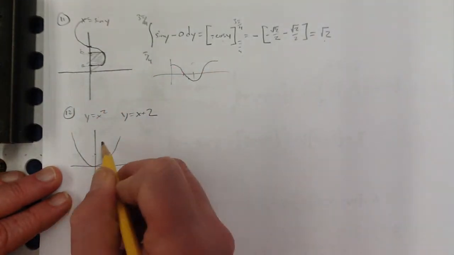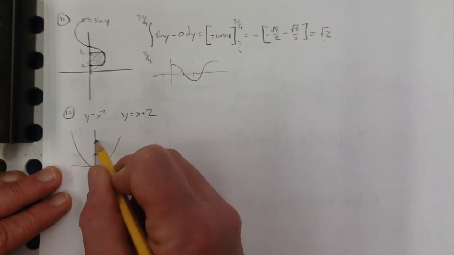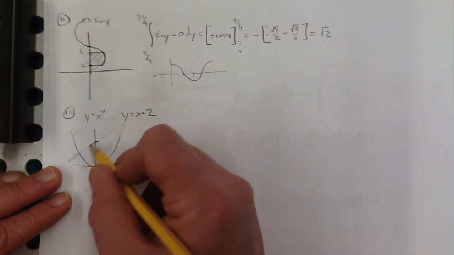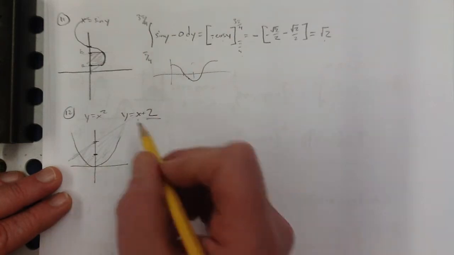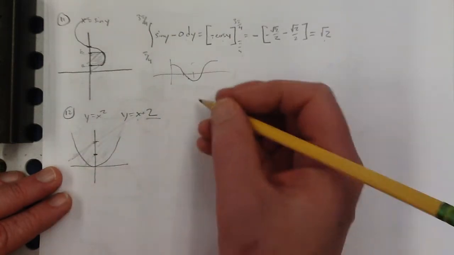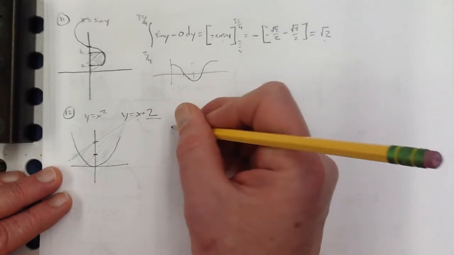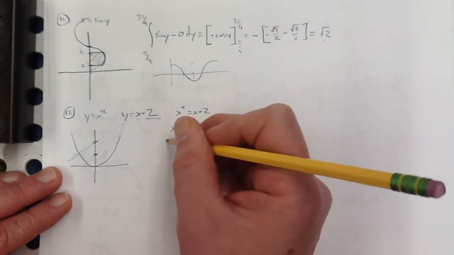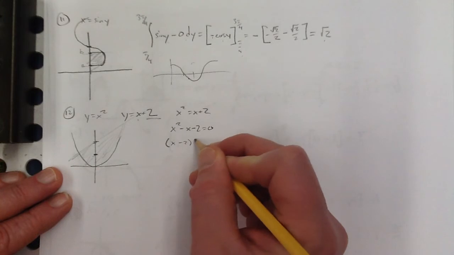So x plus 2 is a line with y-intercept 2, slope 1. Where do they intersect? Well, they intersect when x squared is equal to x plus 2, or in other words, when x squared minus x minus 2 is equal to 0. And I took algebra once.